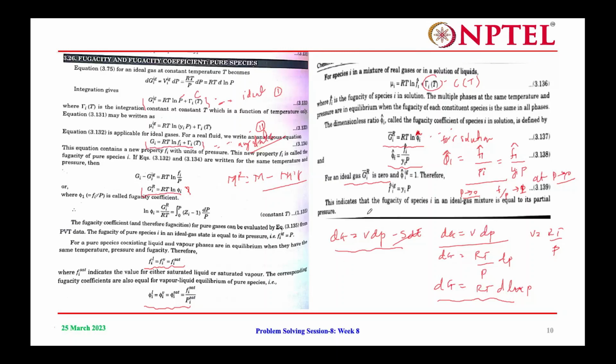So this indicates that fi bar equal to yi times P, right? This indicates that the fugacity of species i in an ideal gas mixture is equal to the partial pressure, right? All of you got clear or not?